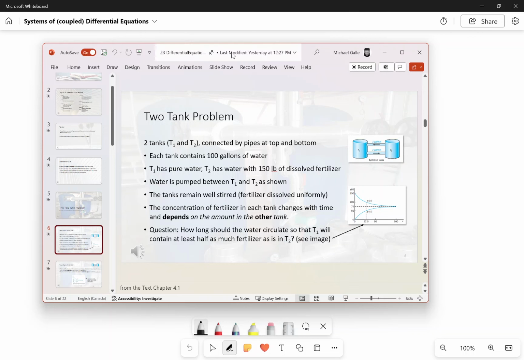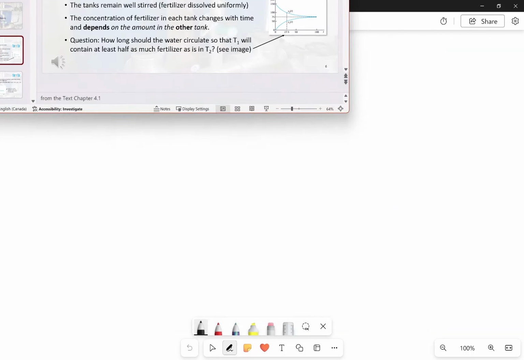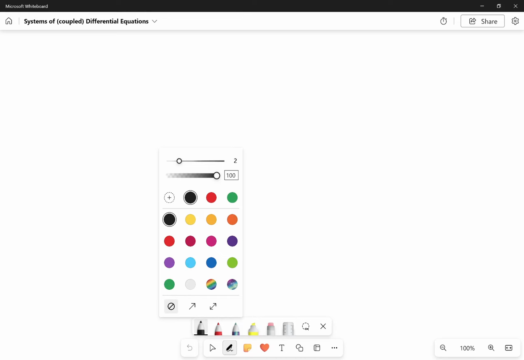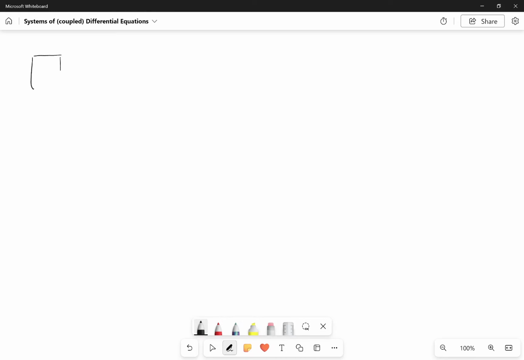Okay, so let's set up the problem. I'm just going to move that out of the way. So let's draw a picture here for what we currently have. Okay, so we have a tank. This is going to be my version of a tank here. Here is tank 1. Here is tank 2.